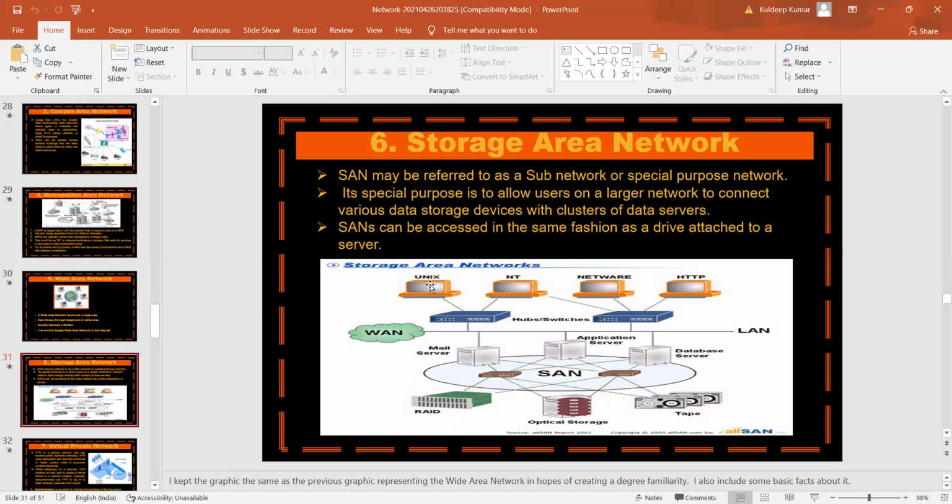In the diagram you can see an application server, mail server, database server, RAID, optical storage, and tape. They are linked to each other via SAN, that is storage area network.